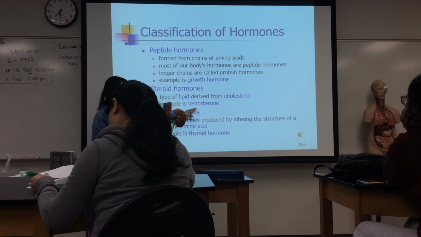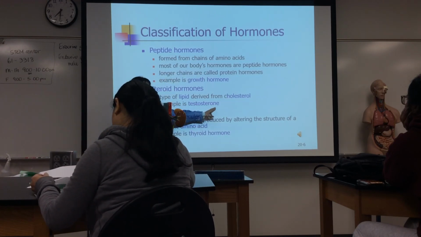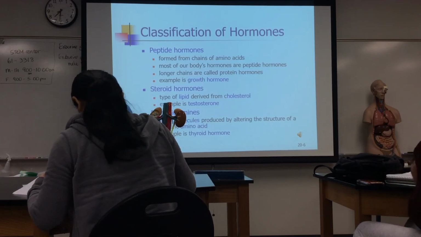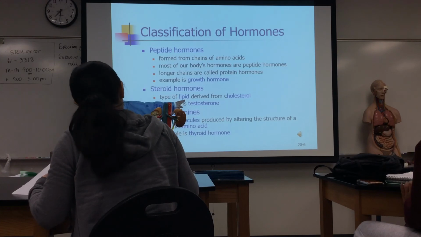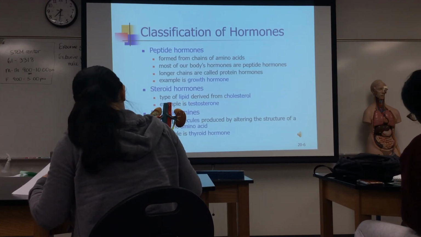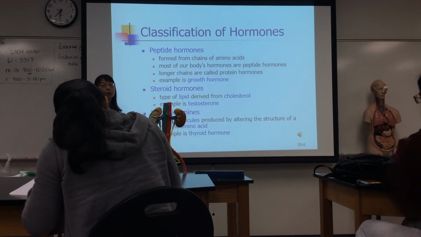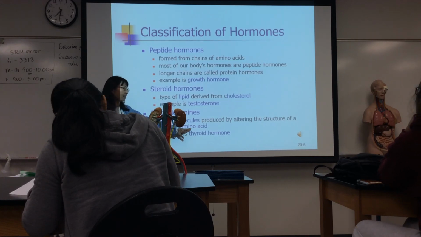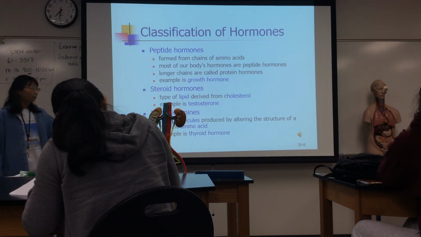In fact, anything that ends in O-N-E, testosterone, progesterone, those are steroid hormones, okay? They're going to become important next semester when you talk about how they work, which is physiology. But I'm just introducing them now. And then there are smaller ones we call amines, basically amino acids, that can serve as hormones as well. An example would be thyroid hormone.